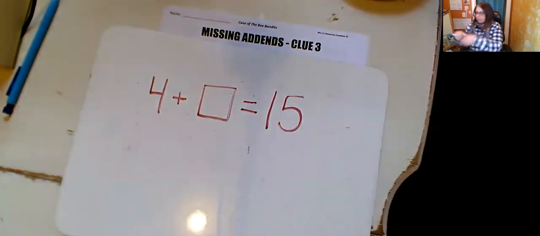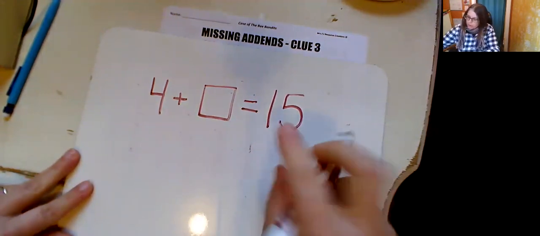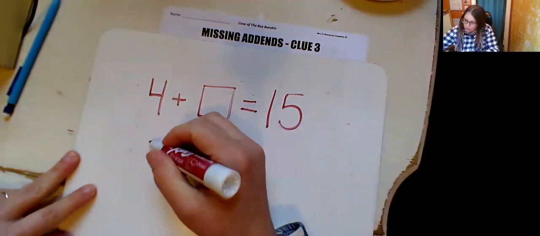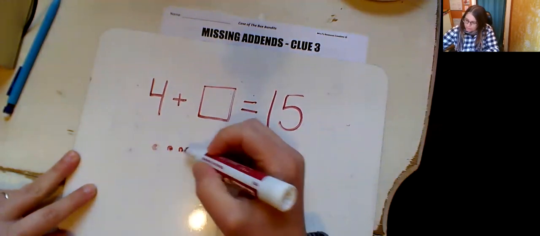Okay, so then you're going to have to figure that out. Now, one way to do that would be you can use a picture. So we know in the end it's 15, right? So all together we would have 15. So you can draw 15.